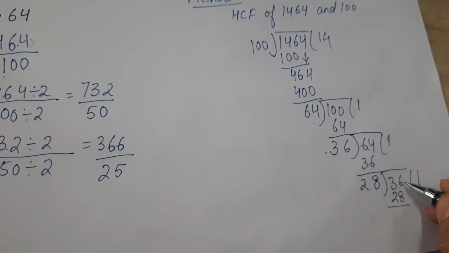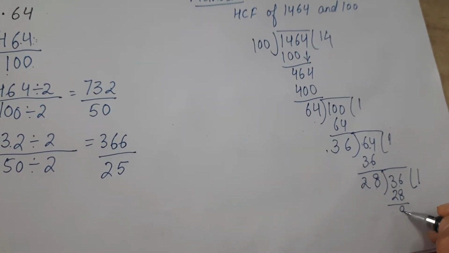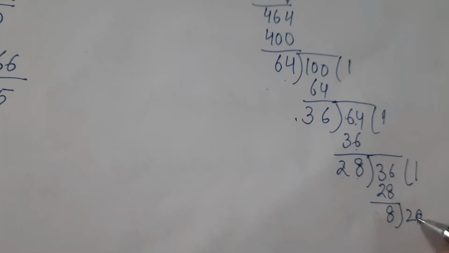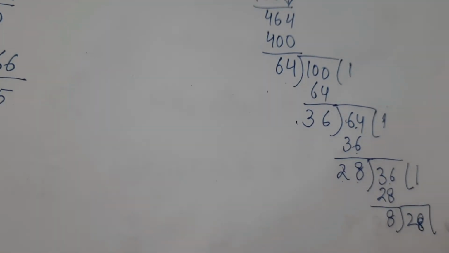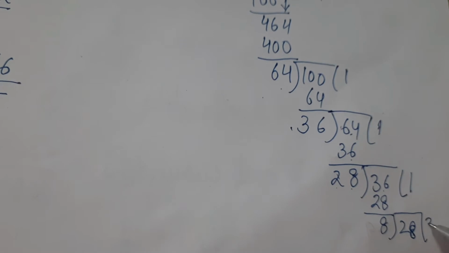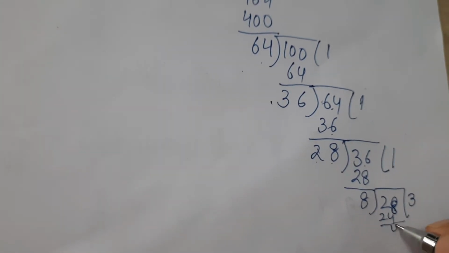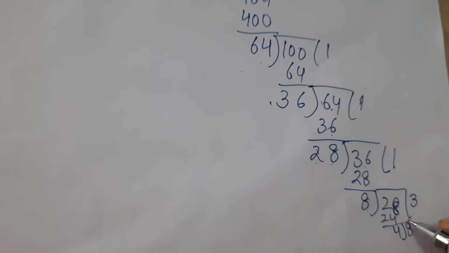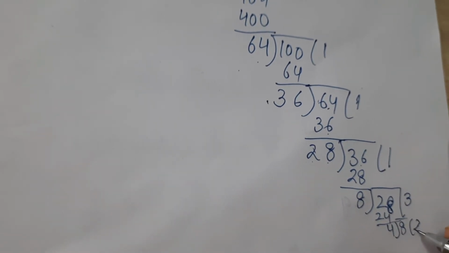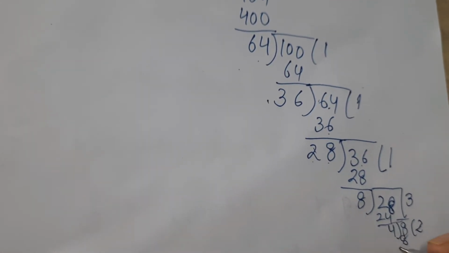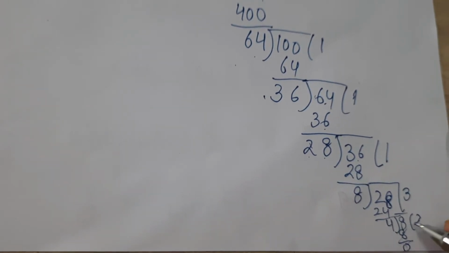Now subtract it, 16 minus 8 is 8. So now 28 will become our dividend. 8 3s are 24. Now subtract it, it will be 4 and 8 will become our dividend. 4 2s are 8.